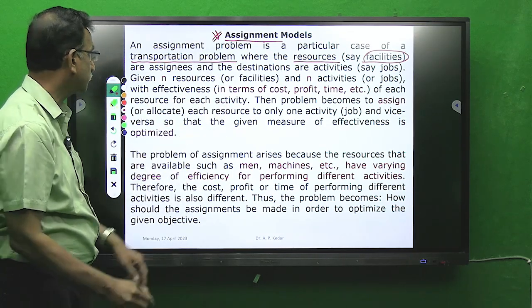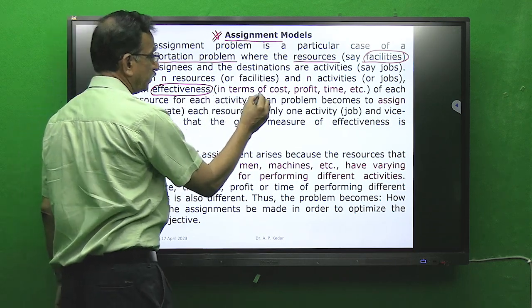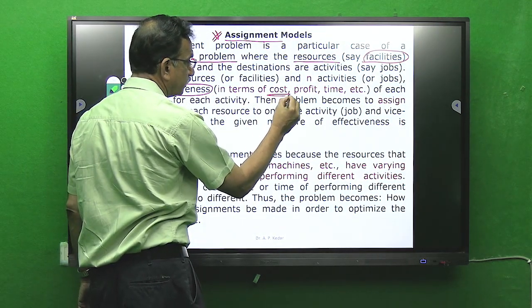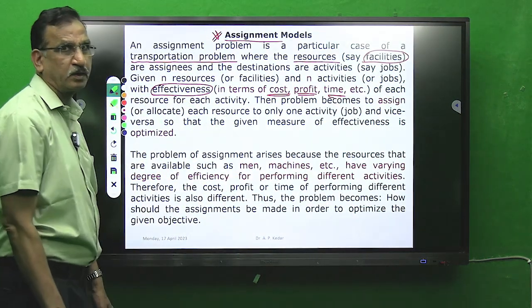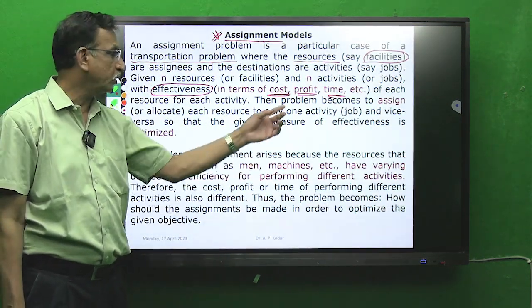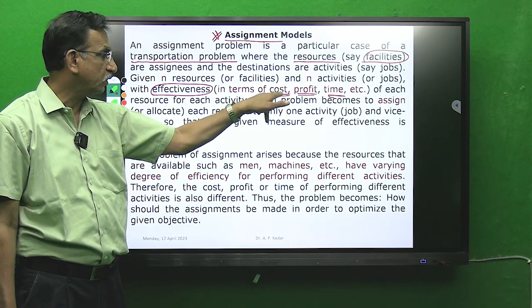Now the objective function, which is referred to as effectiveness of the problem, may be in terms of cost, profit or time. You can give any name to the objective function, depending on the category.